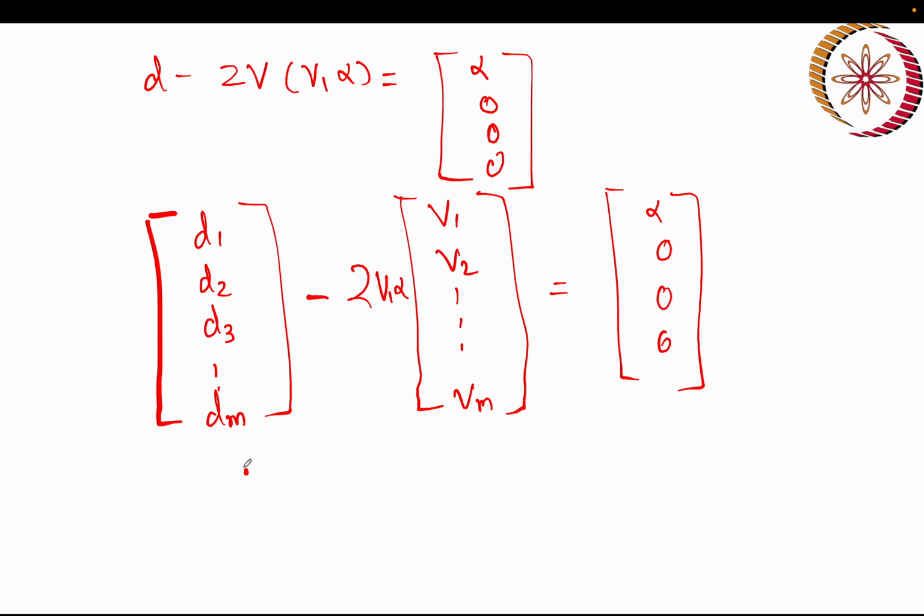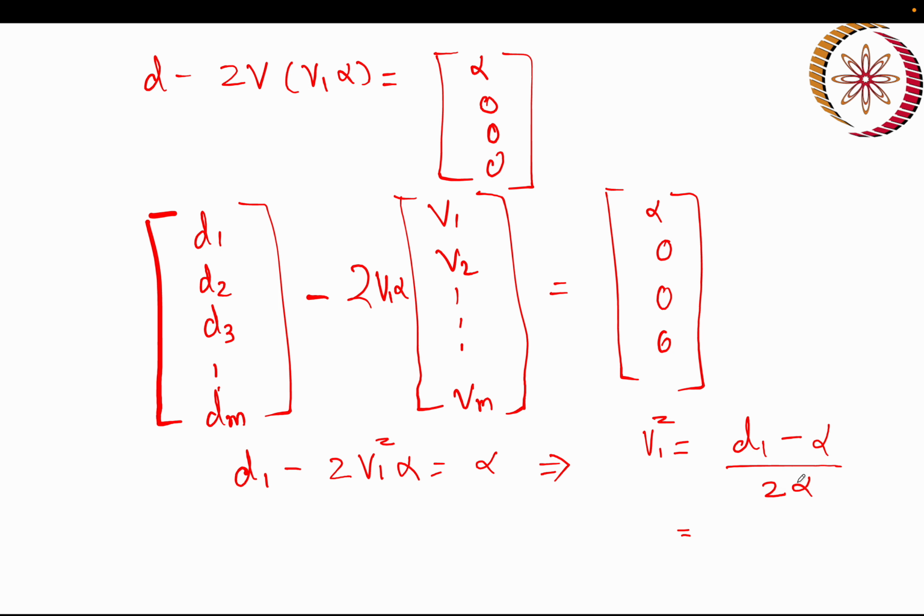If you write the first equation, D1 minus 2 V1 square alpha is equal to alpha, so we will get V1 square, let's say D1 minus alpha by 2 alpha.